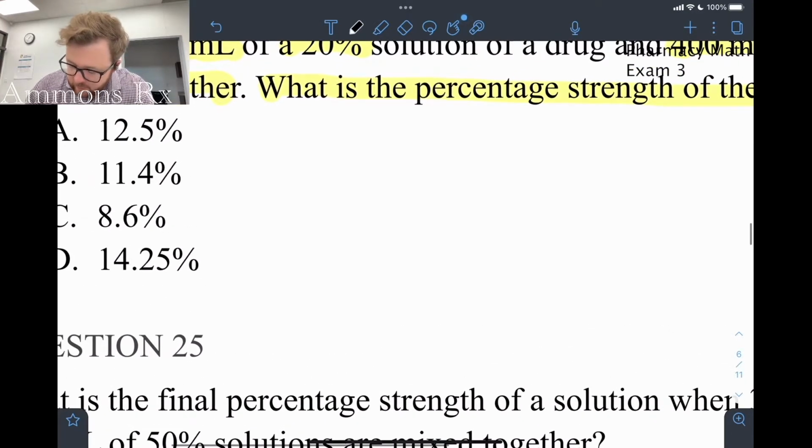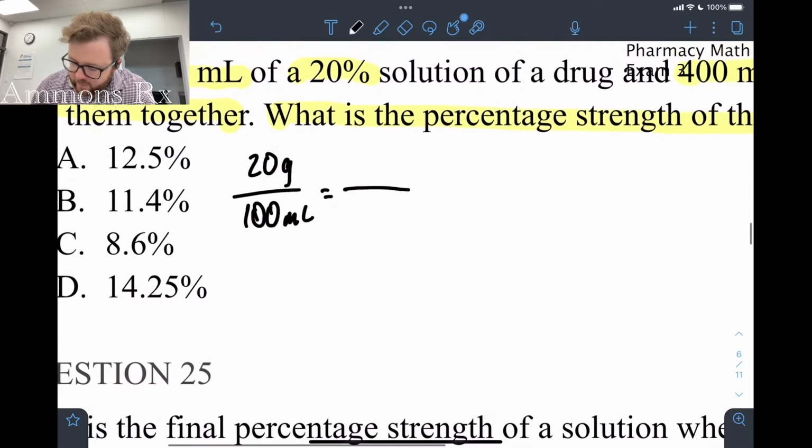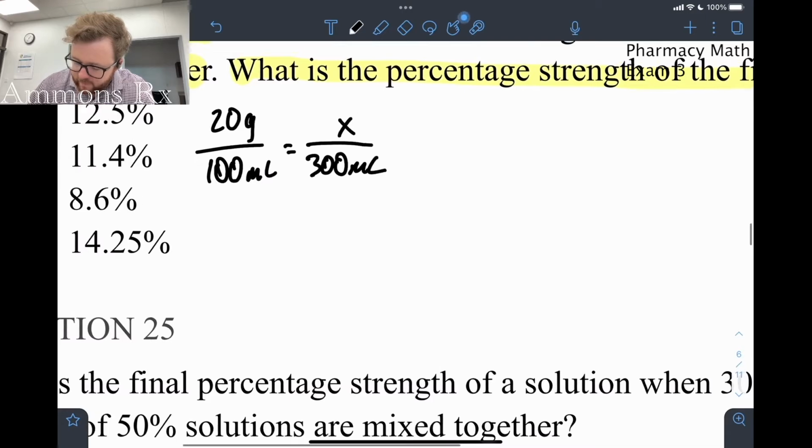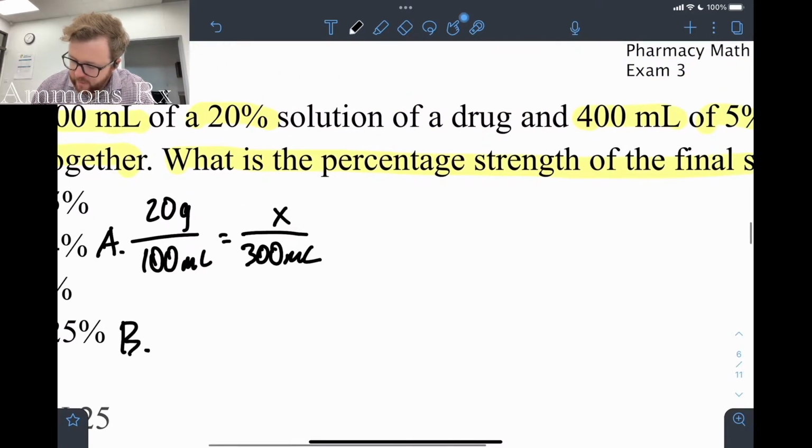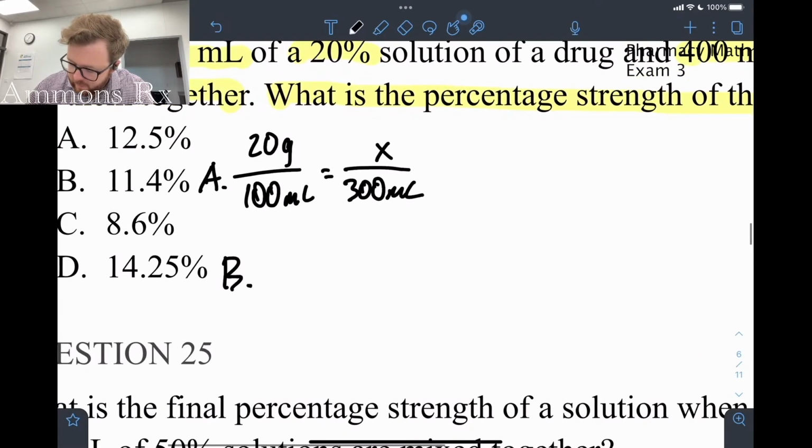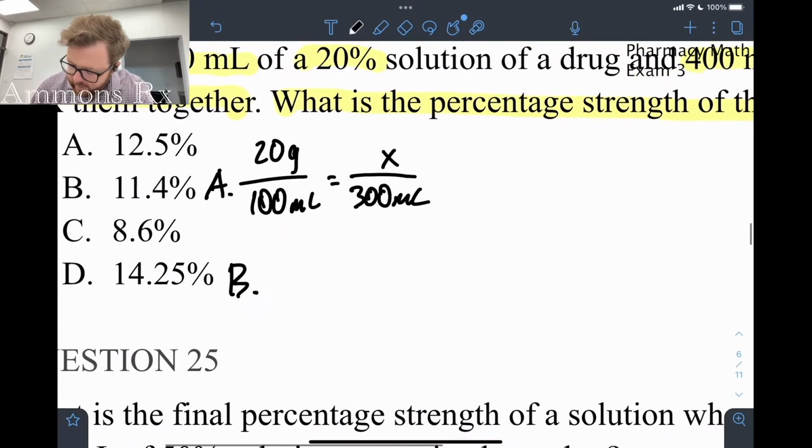So we start with our 20%. How much of it do we use? 300 mils. So that's that one. I'll call that A. And then B, we have 400 mils of a 5%.